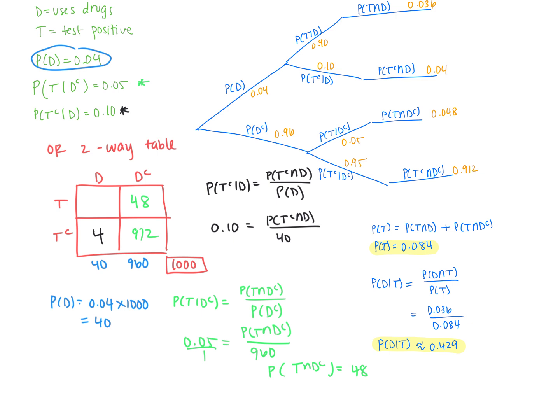If I were to multiply these two, T complement and D would give me 4 then. Again, it's not a probability, it's just the number that falls into that box. So then 36 falls here.